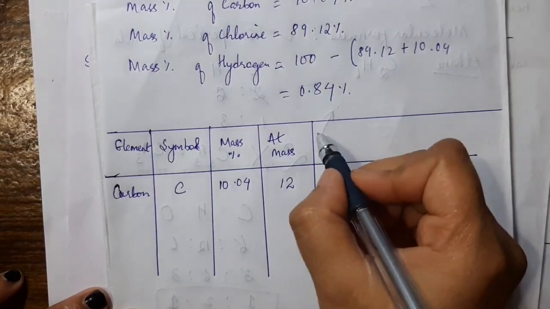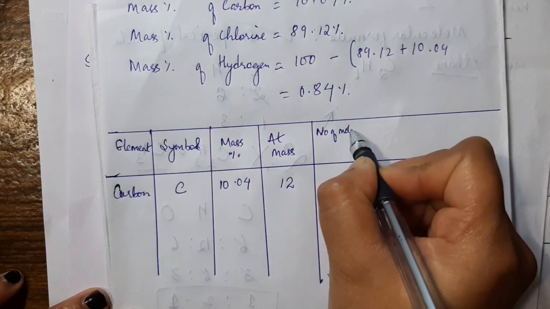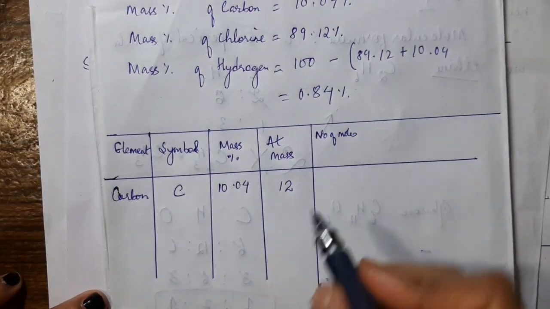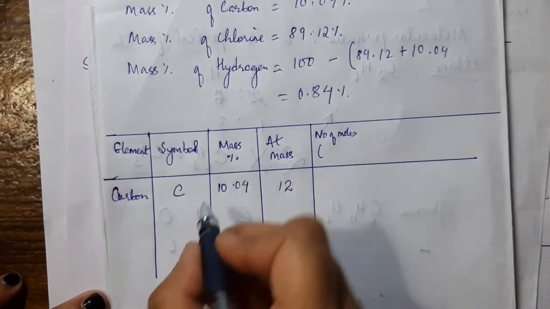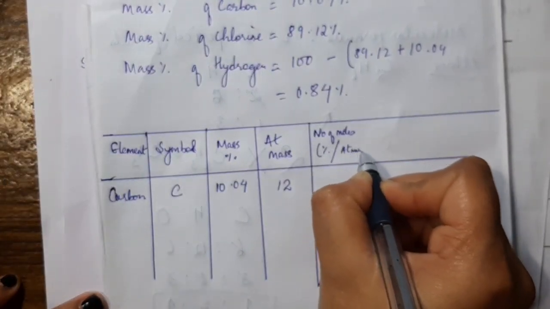Next, we'll find out the number of moles. How do we find the number of moles? Given weight, that is the mass percent, divided by atomic mass.